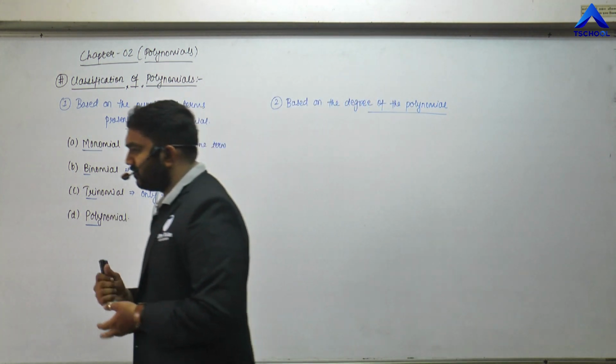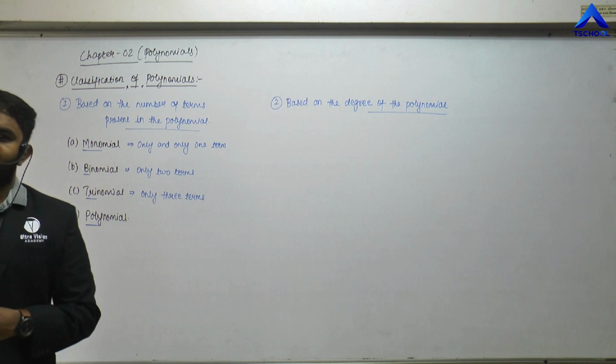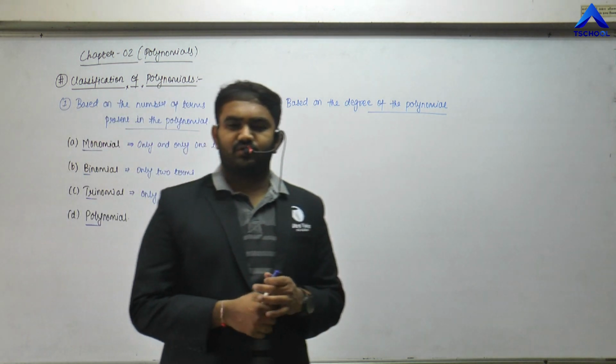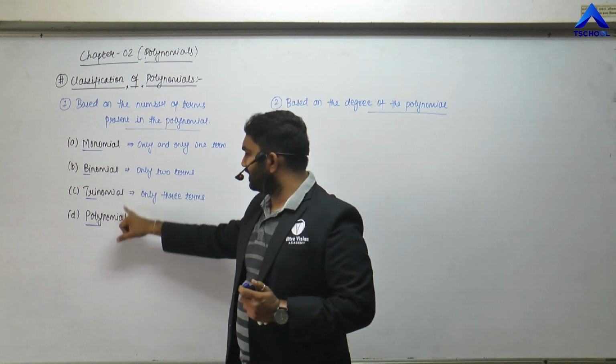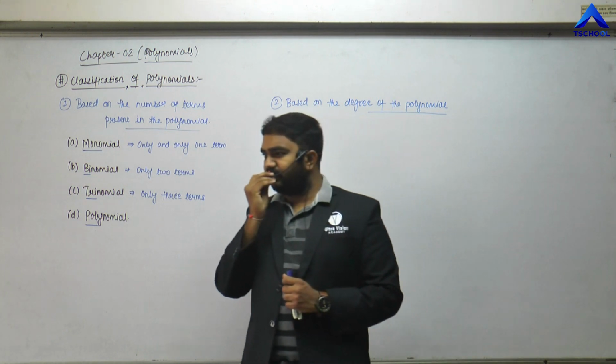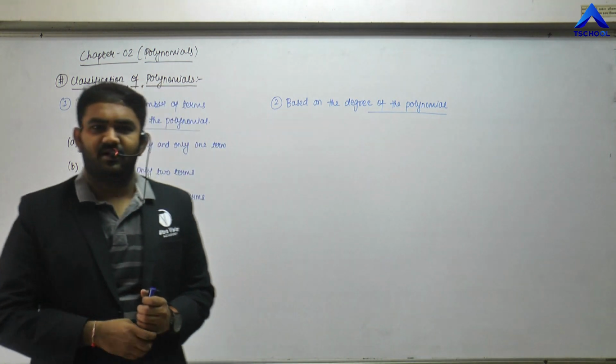Friends, in the definition of polynomials, we said that it is expressed as an algebraic sum of 2 or more than 2 terms. That is limited here in the classification, because if it is expressed as a sum of 3 terms, then that is known as a trinomial.